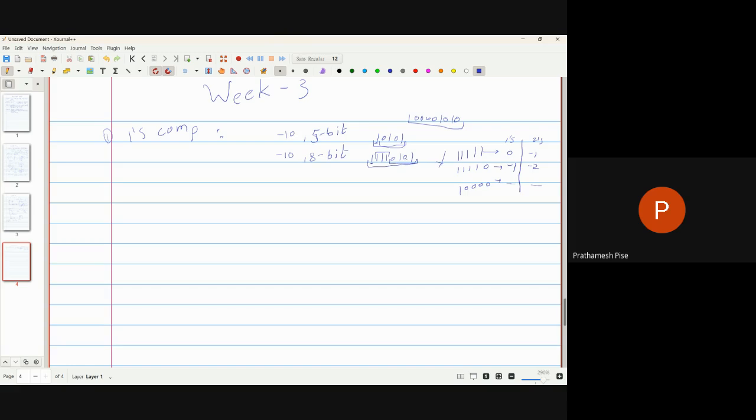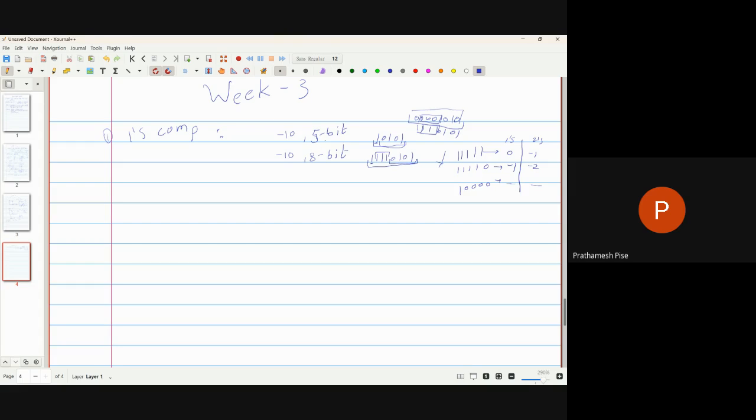And if you ask me mathematically why we are doing it, think about it this way. If I ask the same thing in unsigned magnitude, you will do this, right? And if you take one's complement of this number, it will be 1, 1, 1, 1, 0, 1, 0, 1. So all these zeros will become ones in one's complement and two's complement. We pad the bits to match the bit width.